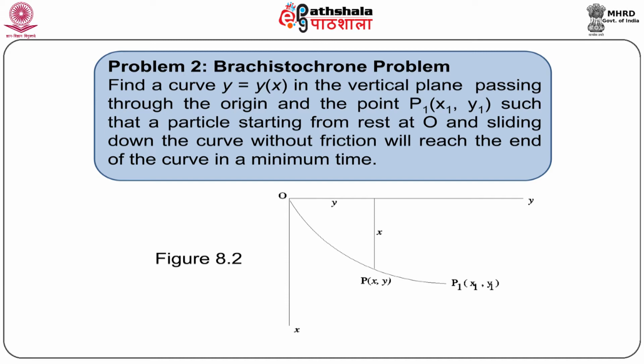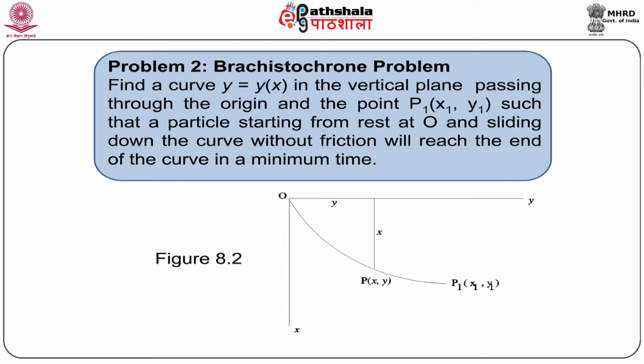This is the physical sketch of the problem. This is the curve. Here is the point P1, (x1, y1). The curve starts from this and passes through this point. P is a general point whose coordinates are given by (x, y).